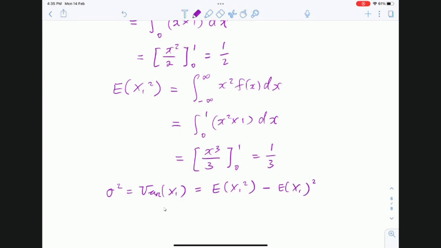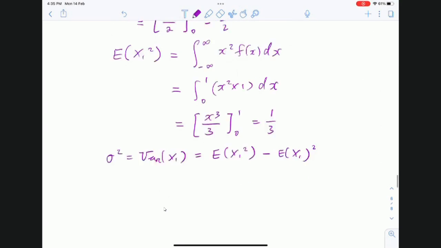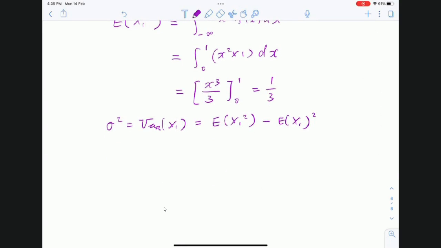I guess all of you should have already learned about this before, right? The variance is equal to the expectation of the square of X minus the square of the expectation of X. This is a commonly used formula. And we already have all the ingredients computed, so the variance is equal to 1 over 12.